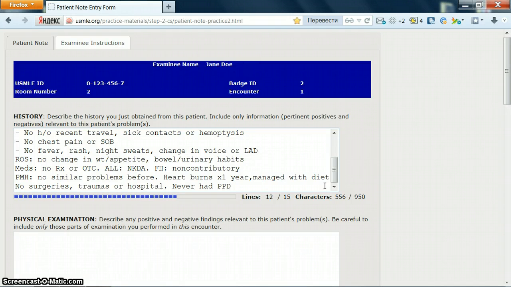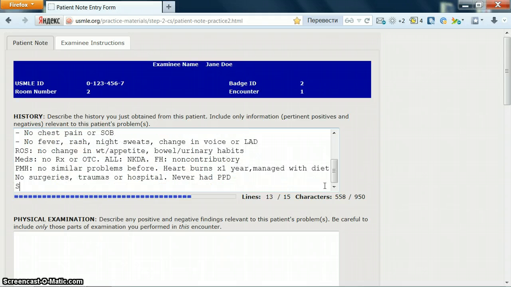It's not a case of chronic cough because it would be chronic if it lasted for 1 month, but we still better ask about PPD. And then we go to sexual and social history.